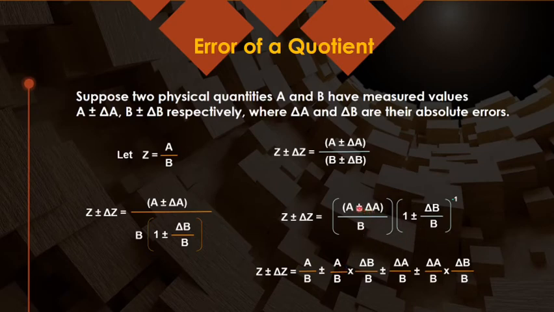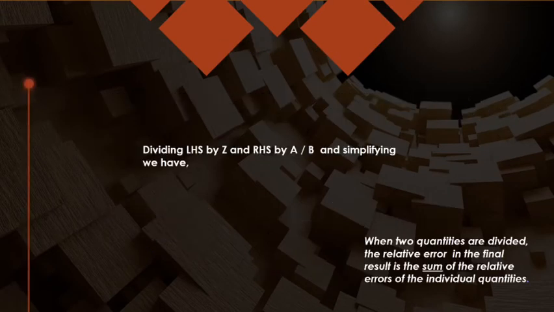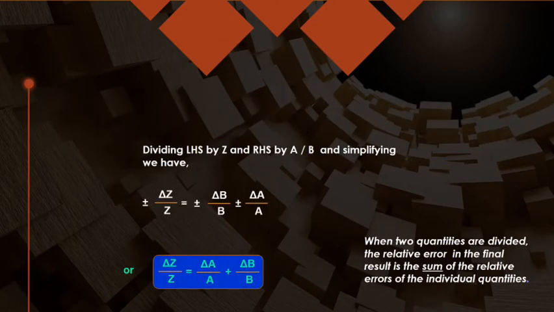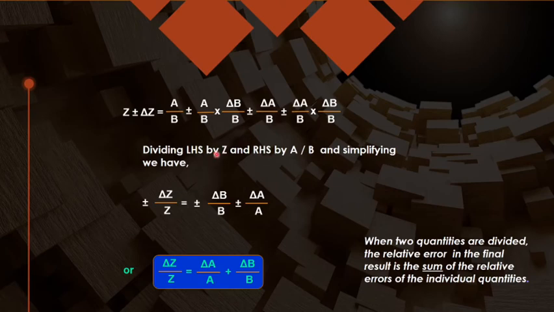And you will be getting a plus or minus delta a upon b plus or minus delta b. You can write, and then you can multiply with the things, and when you multiply, you are getting the results. On dividing by a upon b and simplifying, you will be getting again the same result which we get by taking the product of the two quantities, delta a upon a plus delta b upon b.